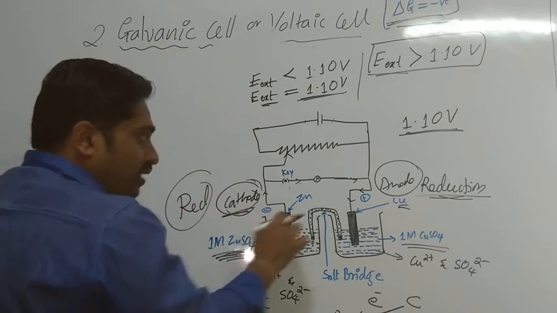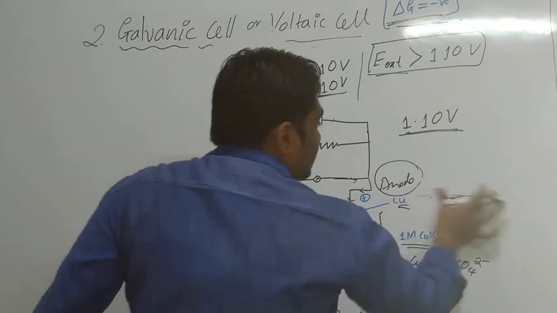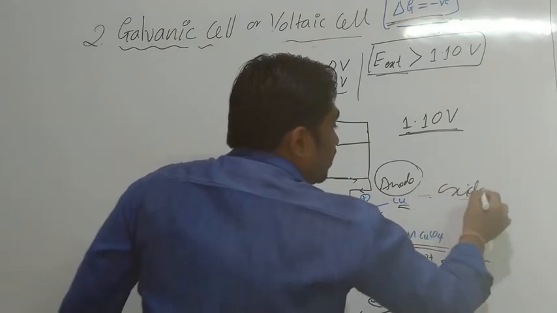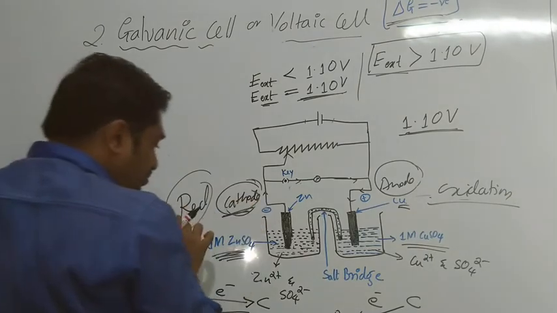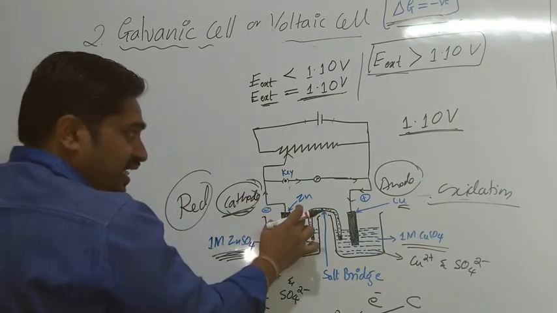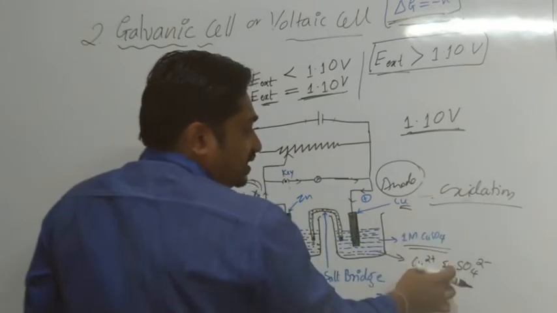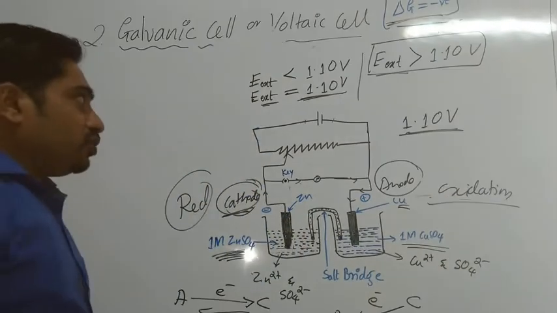The zinc electrode is receiving electrons, so reduction takes place at the zinc electrode and oxidation takes place at the copper electrode.